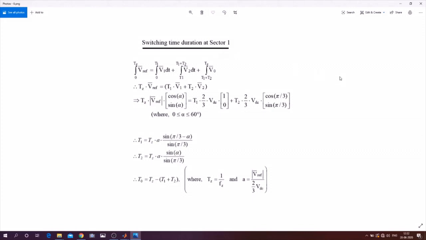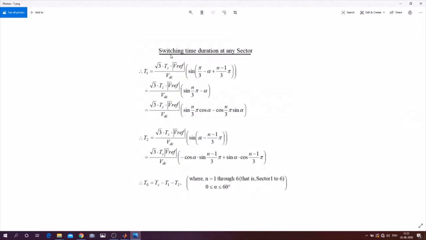Now similarly we will find the switching time duration for all other sectors. For any sector, you can see that the formula is like this, where you see n over here. This n is the sector number. When n is 1, it is sector 1. When n is 2, it is sector 2, and likewise.